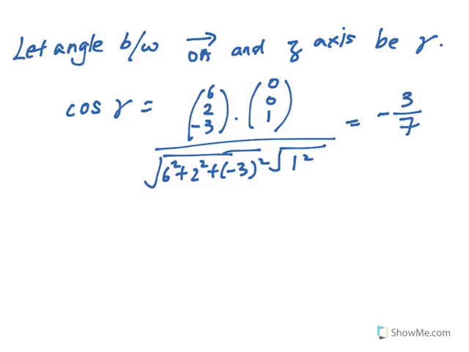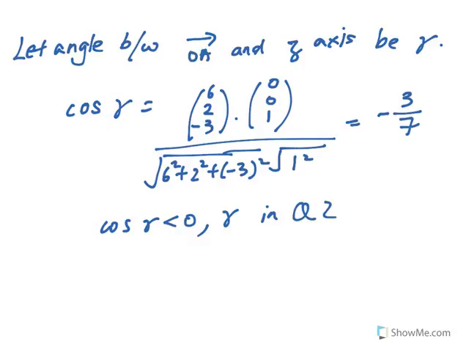Since cosine is negative and gamma has to be in quadrant 1 or quadrant 2, gamma has to lie in the second quadrant. It cannot be in quadrant 3 or quadrant 4, because by definition the angle between two vectors has to be between 0 and 180 degrees. It is a non-reflex angle.